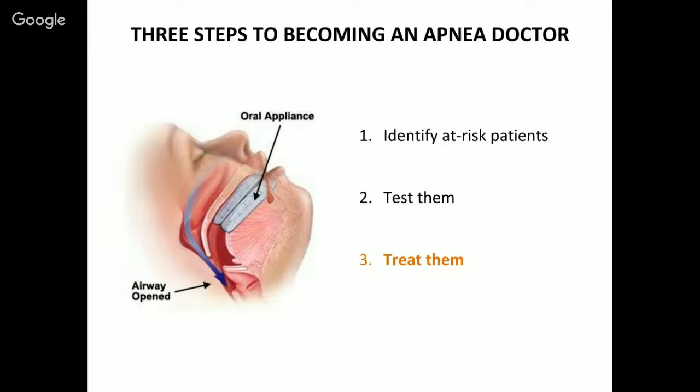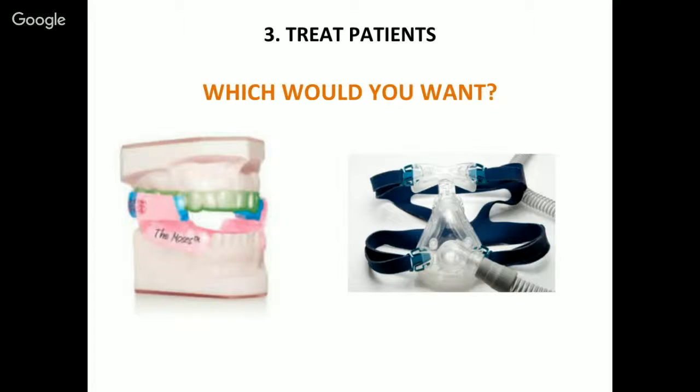Okay. Now let's go into this and let's get into it. Treatment. I tell dentists, have a mask on hand and have an appliance on hand. I just pulled one appliance out of, there's 250 FDA approved oral appliances out there that you can use. And I chose one and just stuck it on there.